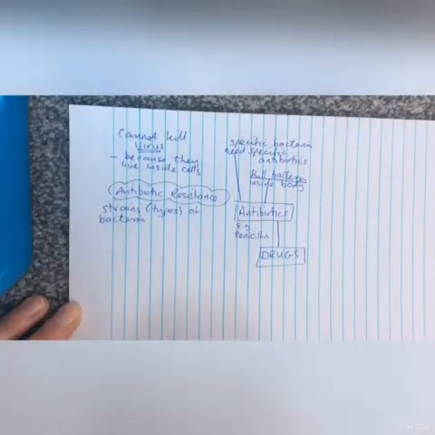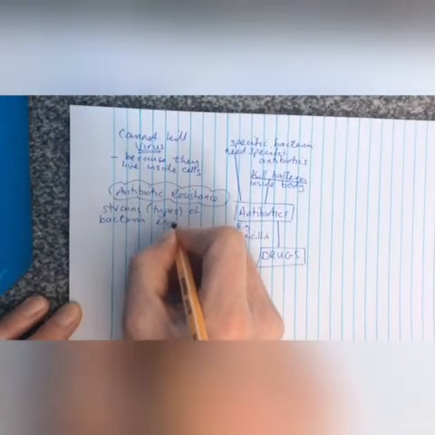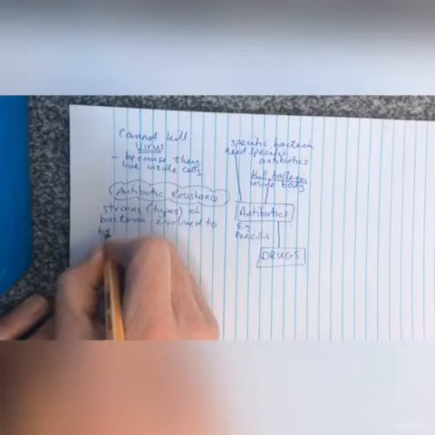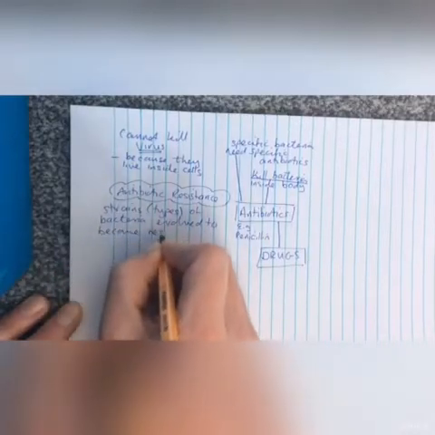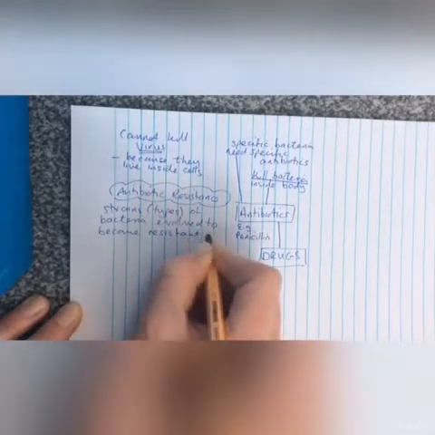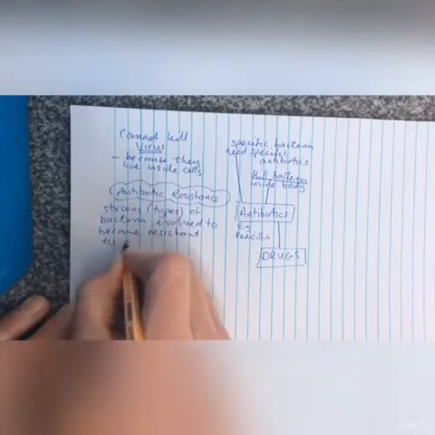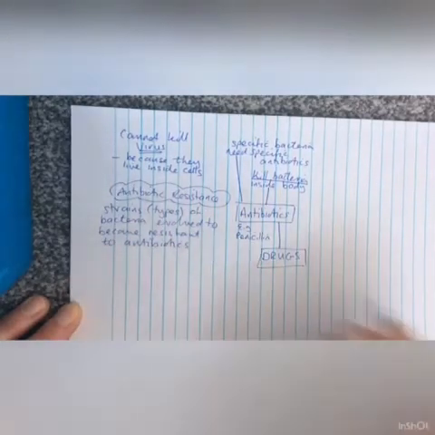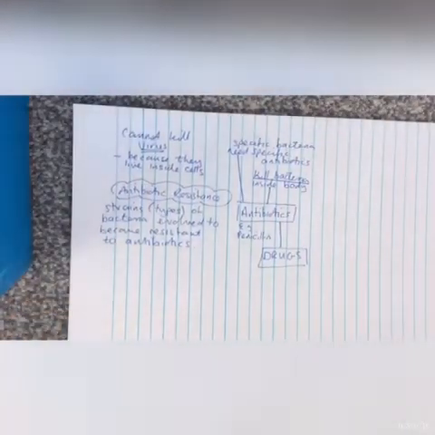So strains of bacteria evolved to become resistant to antibiotics. It's really, really important that you say resistant, not immune.